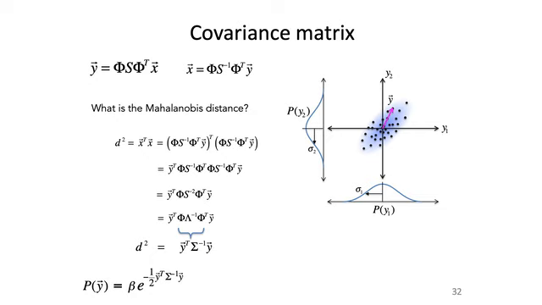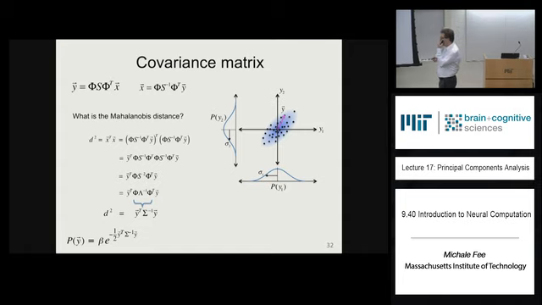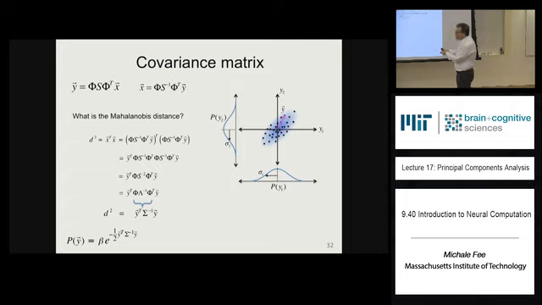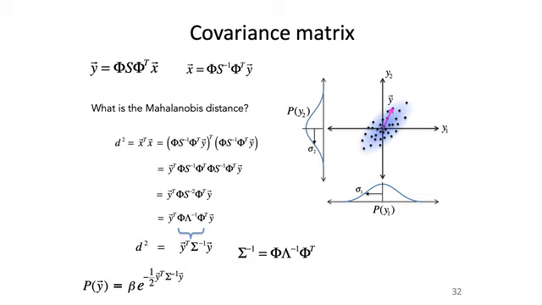So that is now an expression for an arbitrary Gaussian distribution in high-dimensional space. And that distribution is defined by this matrix of variances and covariances. I'm just writing down the definition of sigma inverse here. We can take the inverse of that, and we see that this is called a covariance matrix.